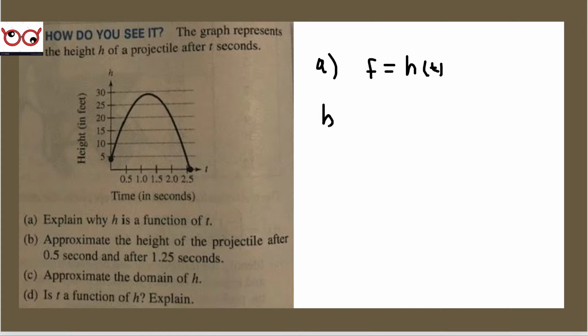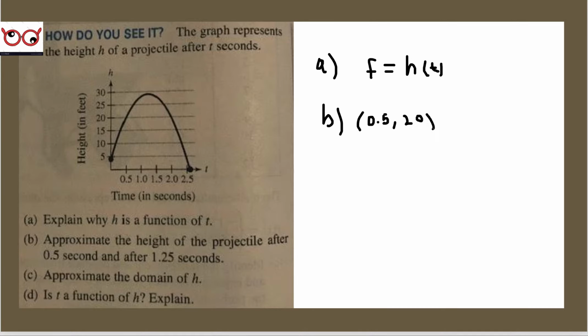And now B says: approximate the height of the projectile after 0.5 seconds. If we take 0.5 seconds and we go vertically here, it is about 20. So if we take the coordinate 0.5 and look at what point it corresponds to on the h, the h is 20.